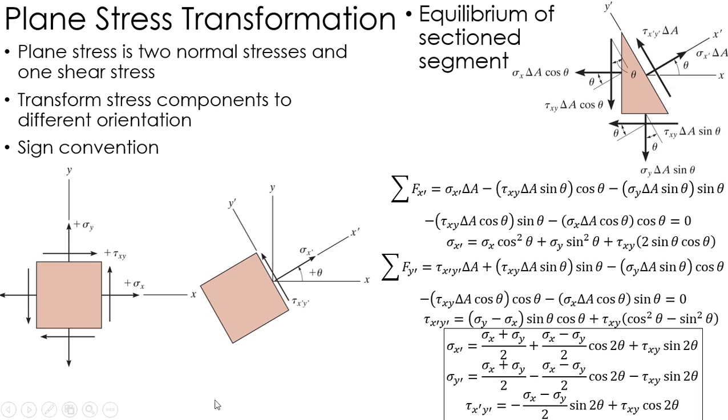It's the same approach as above, and then my tau is given by this. So this is how I can find the stresses oriented at an angle of theta from the original state of stress I'm given. That's how I do basic stress transformations.